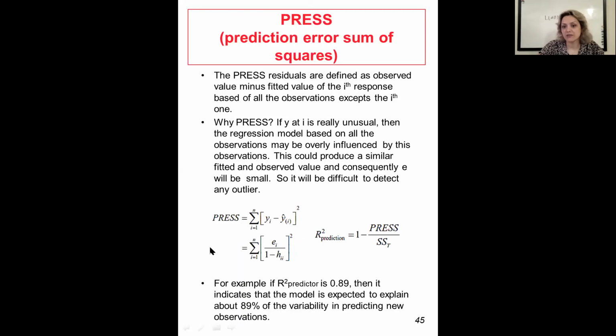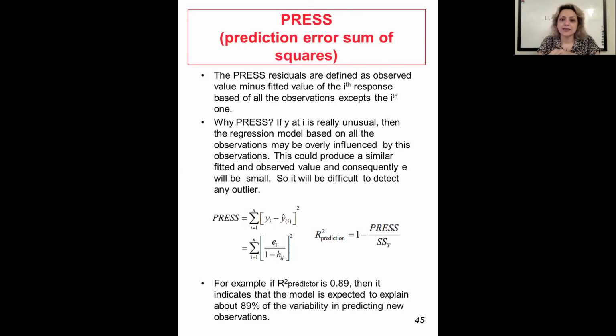The PRESS equation is the sum of y minus y estimate, squared. The only thing is that this is the difference between the y as a data point and the result that you would have from the data as a prediction.